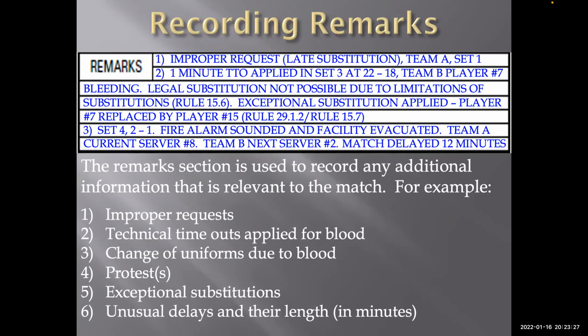Changing of uniforms, protests, exceptional substitutions. You might see more exceptional substitutions with the fair play rule for those age classes, or an unusual delay. In all of these cases, a referee should guide you as to what you need to record.